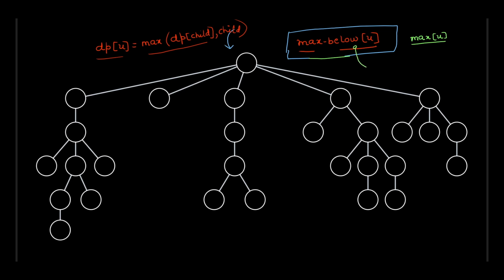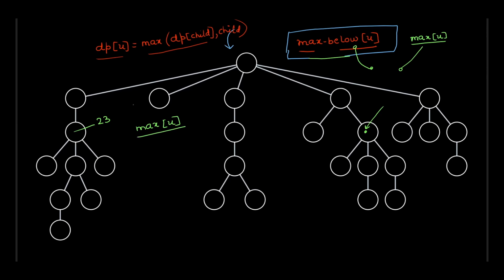Now I could have also defined it as the maximum value inside this subtree including this node. If this is node 23, you could claim that this DP definition would make things simpler, and the DP transitions would also be simpler.